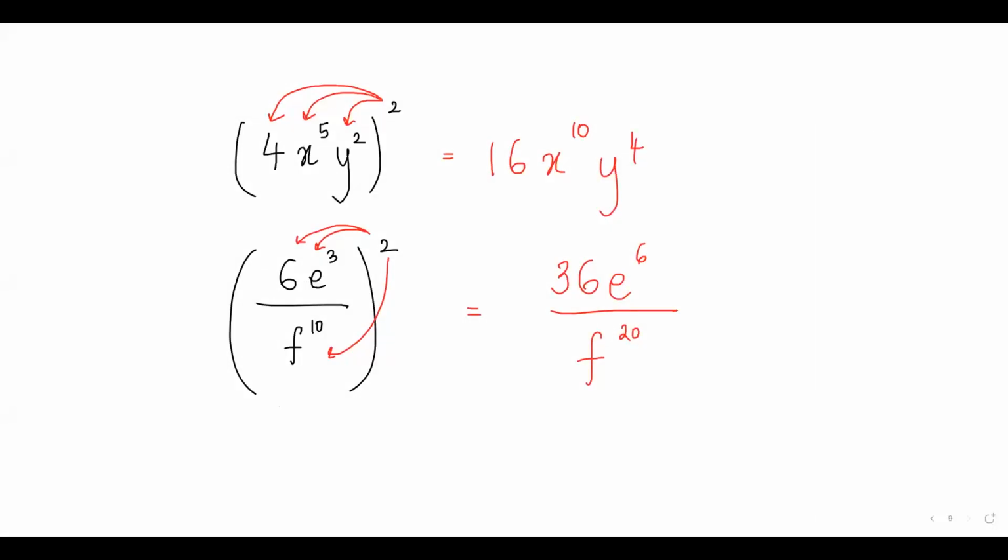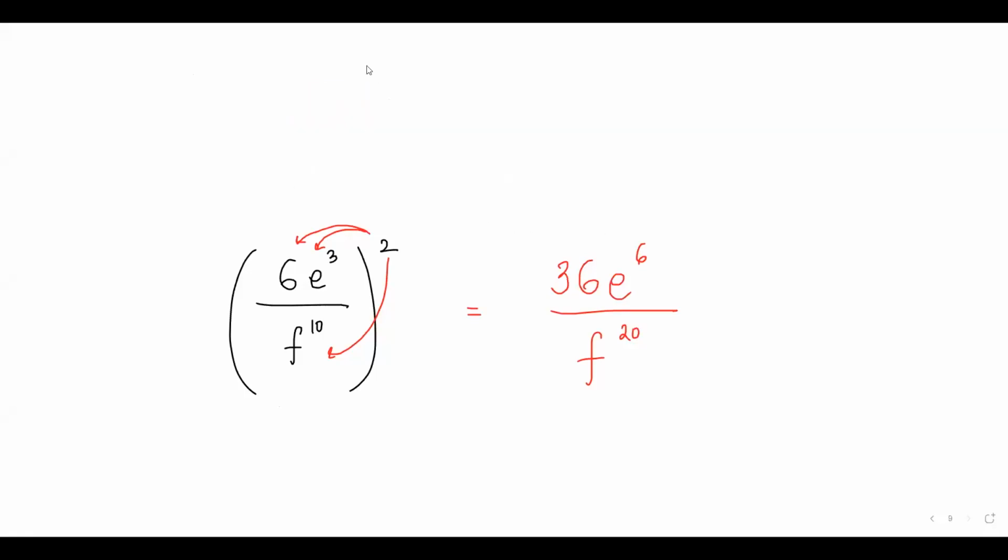Okay, look at this. You wanted me to explain this again. So when you are given a question like this, you know this power belongs to 6, it belongs to E, and it belongs to F as well. So 6 squared is 36. 6 into 6.